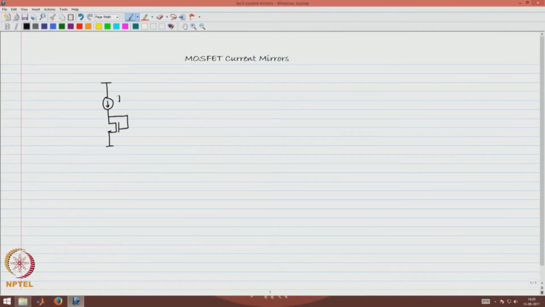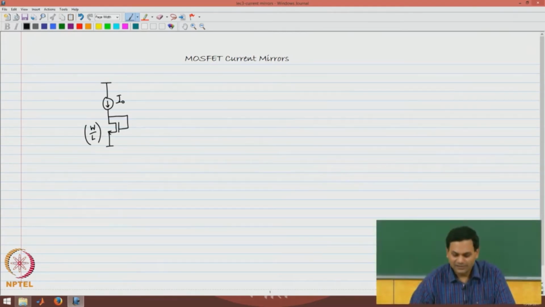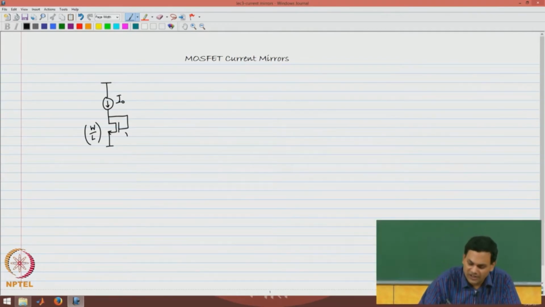If you take a current I naught and pass it through a transistor with a certain width over length, this will generate, through a feedback action, a voltage VGS. I will call it VGS1 and I will call this transistor M1.